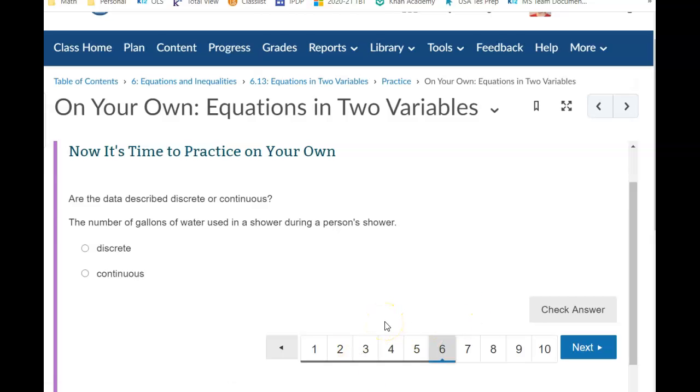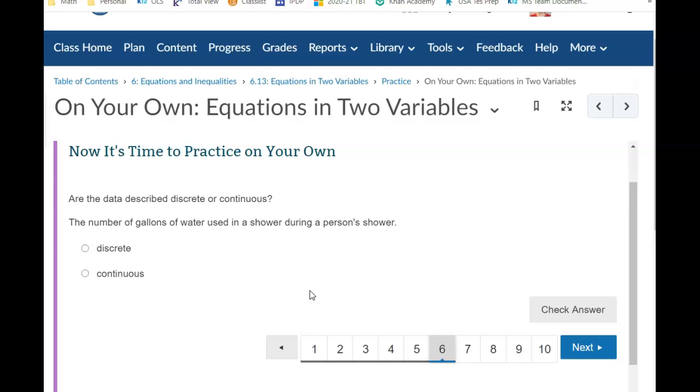Remember, discrete is something countable. Like if I'm only measuring in gallons, like if I can only have 1 gallon or 2 gallons or 3 gallons or 4, and I can't have anything in between. I can't have 3.5 gallons. If for some reason I could not have anything in between the whole numbers, then it would be discrete.